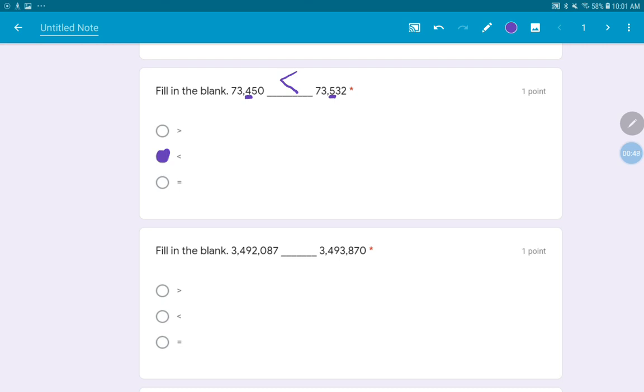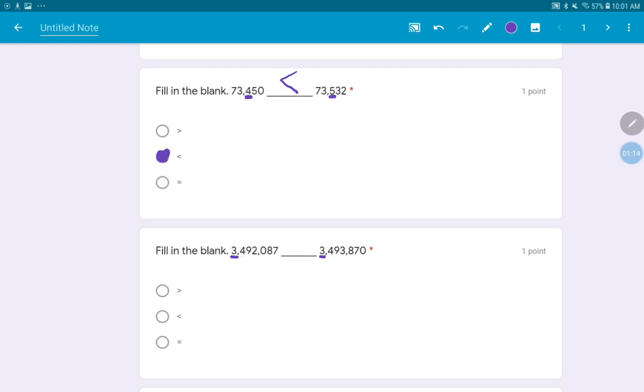The next one is also comparing. This time we're comparing 3,492,087 and 3,493,870. Jaden, how would we compare those? First, we would see if the 3 was the biggest number. Very good. And then we go down, and that's the same exact number.